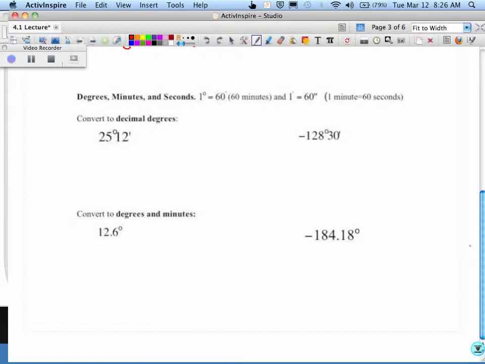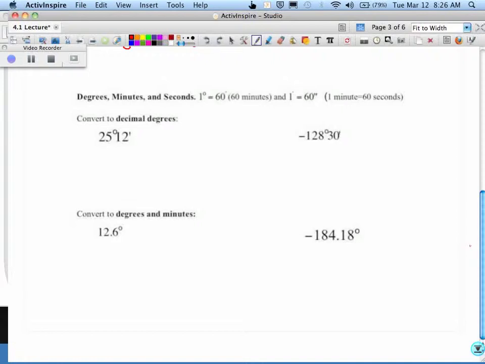Take the 26,000 miles and divide by 360. 72. Right, 72.